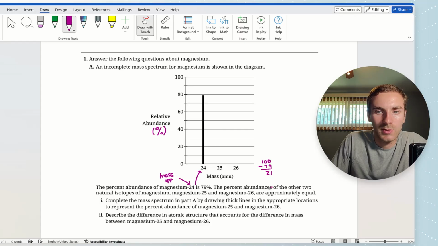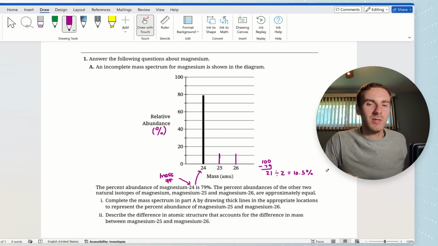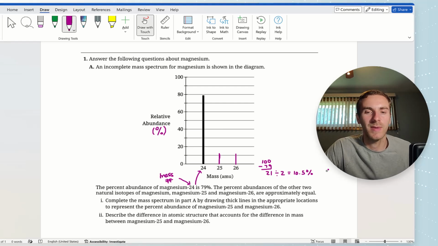And then we're assuming they're equal, so we're splitting that into 2. So they would each be 10.5%. To show that, it would look something like this. So that would be the mass spectrum of magnesium.